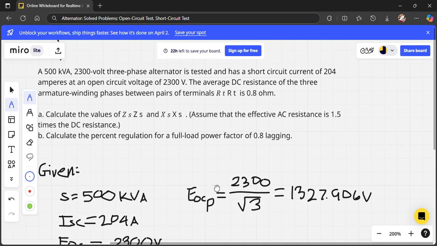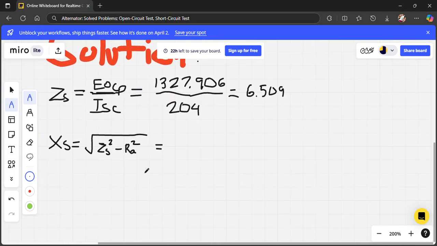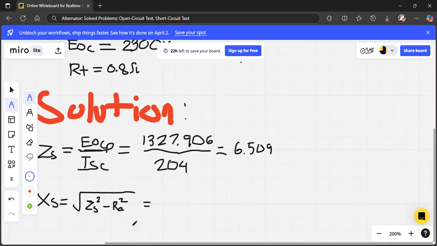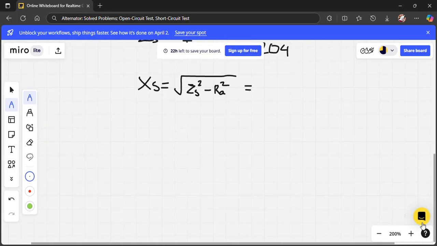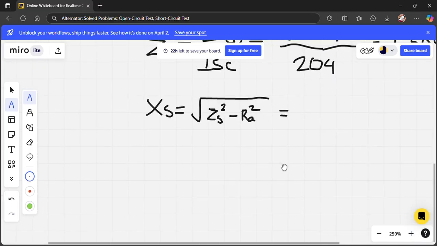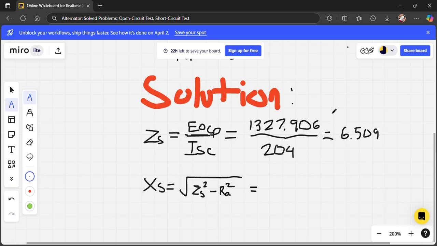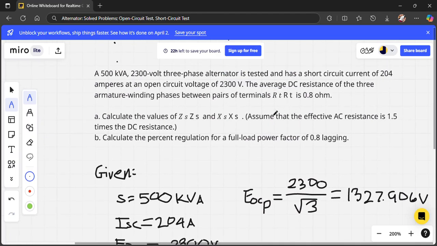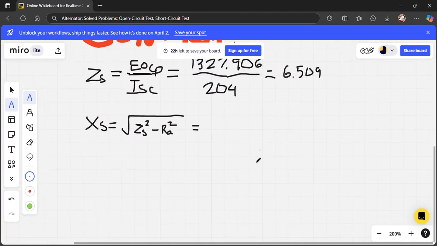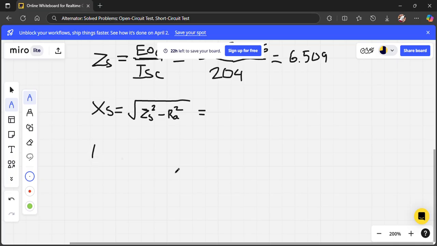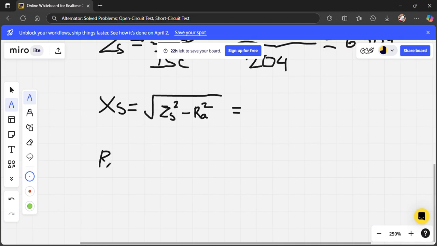Since RT is given but we have no RA, let's solve for RA first. It says that RT between pairs of terminals is 0.8 ohm.